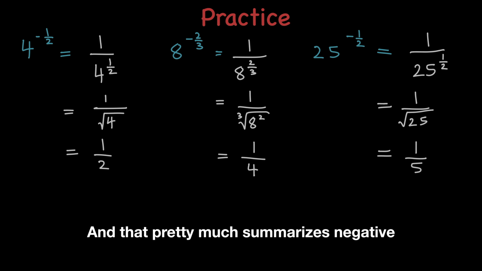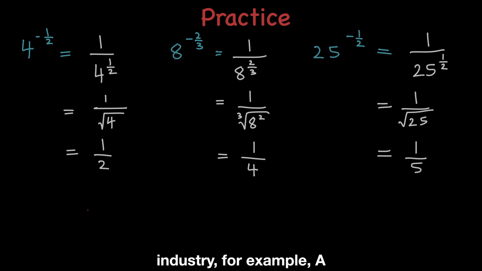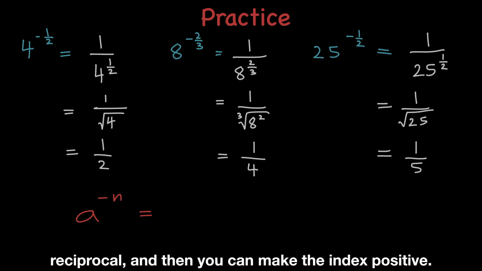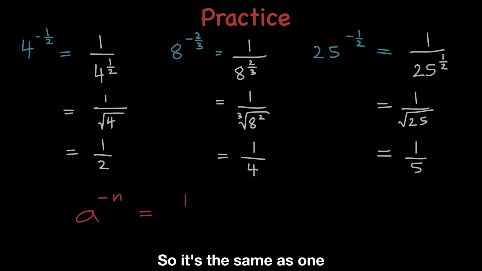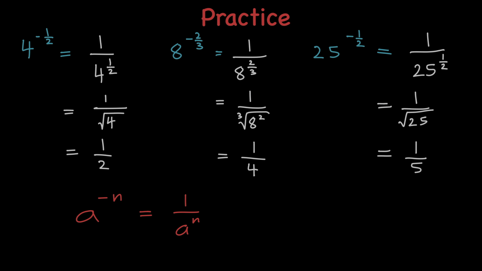And that pretty much summarizes negative indices and fractional indices. So whenever you have a negative index, for example, a to the power of minus n, simply turn the term into its reciprocal, and then you can make the index positive. So it's the same as 1 over a to the power of positive n.